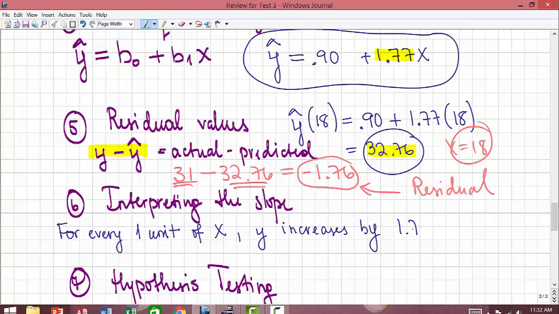By 1.77. Okay, that's the interpretation of the slope. For every 1 unit of X increasing, Y is also increasing by 1.77.